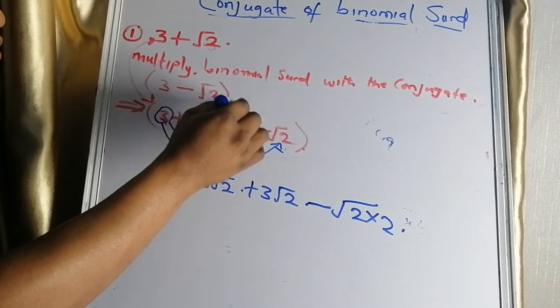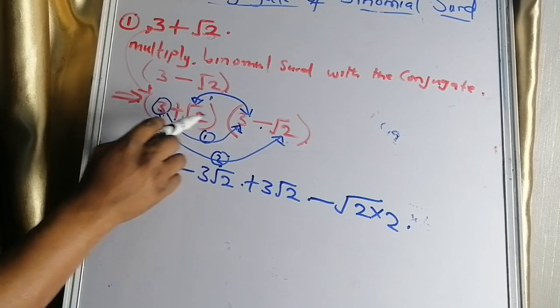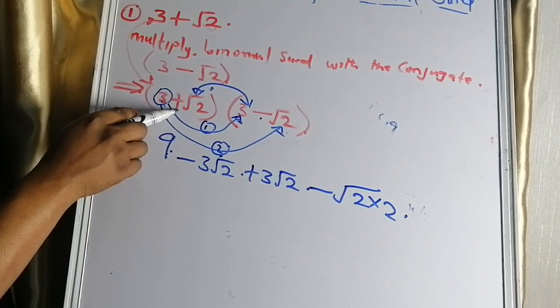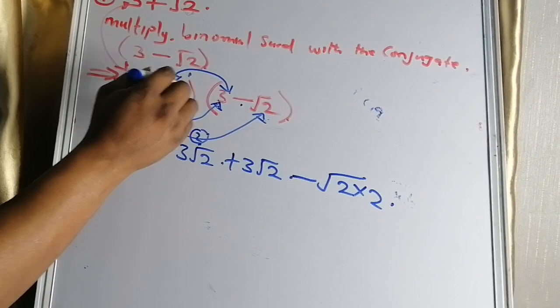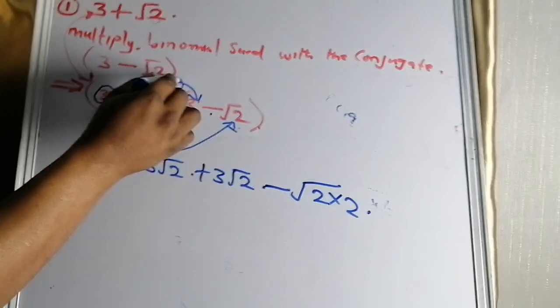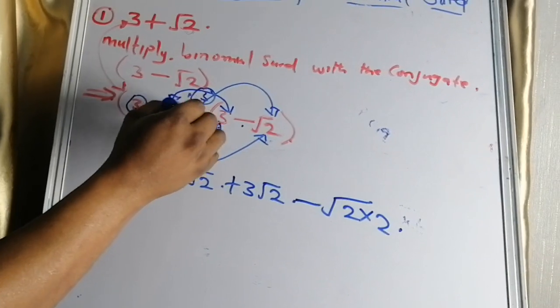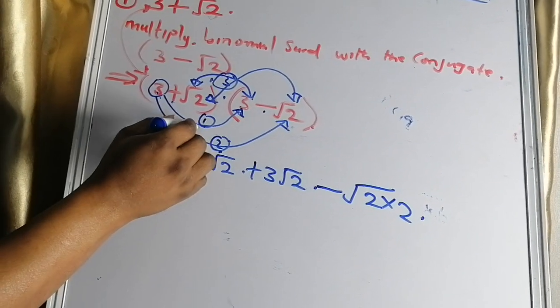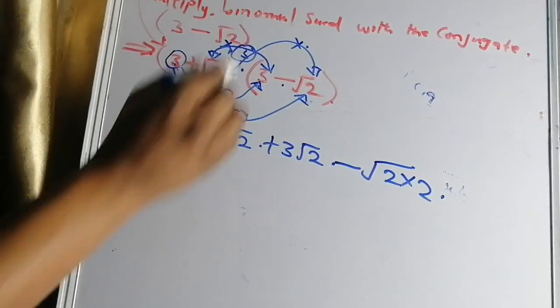Step 3 will now be this and this. 3 times plus root 2 will give us 3 root 2. Step 4 will now be this one. You multiply.